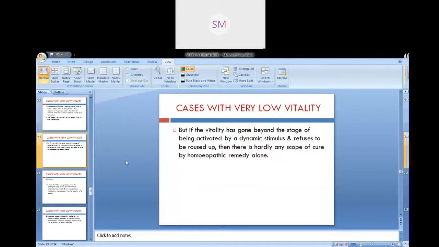But if the vitality has gone beyond the stage of being activated by a dynamic stimulus, that is our homeopathic remedy, and refuses to respond, then there is hardly any scope of cure by the homeopathic remedy alone. Then homeopathic remedy alone can't do anything.